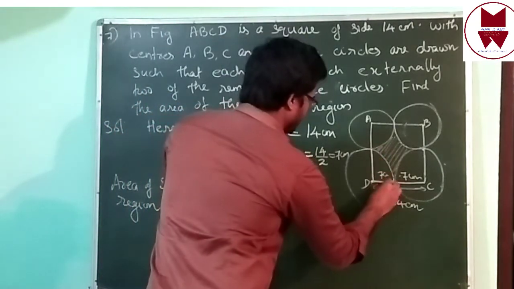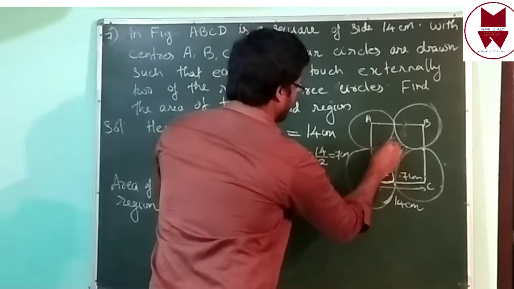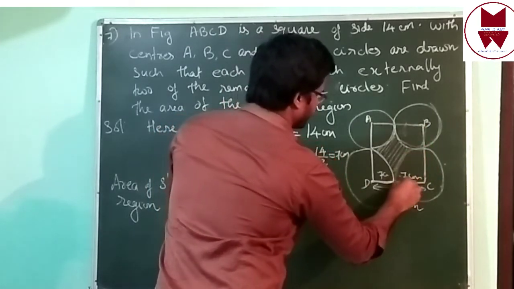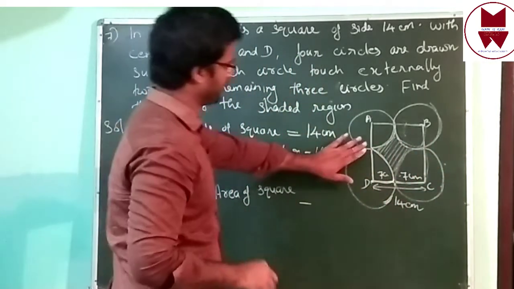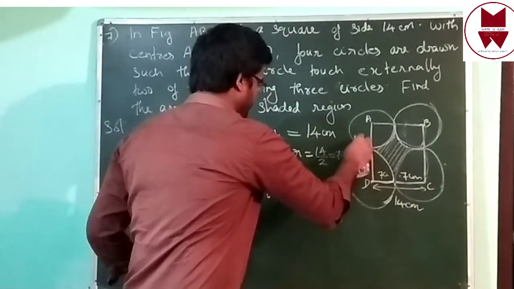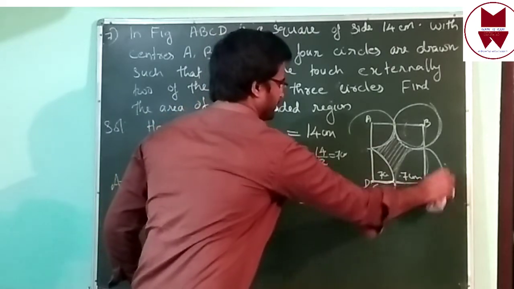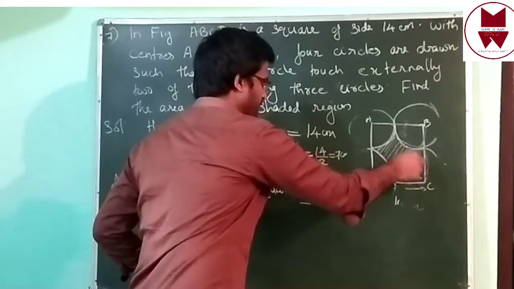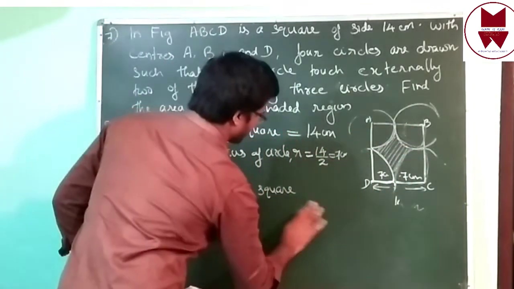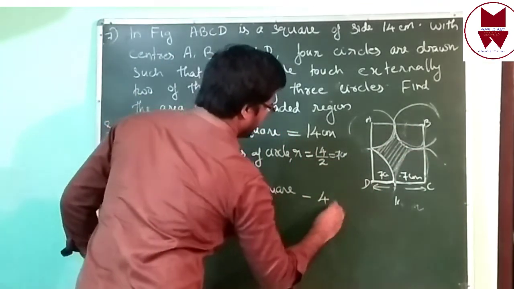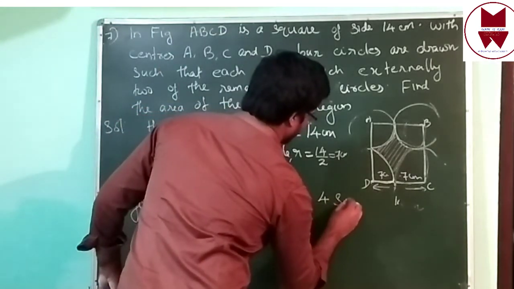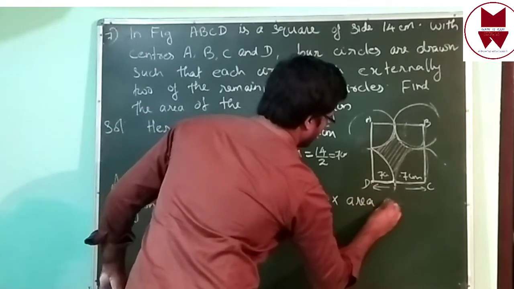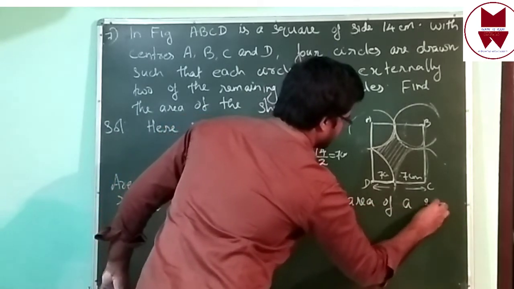If you consider this first sector 1, this second sector 2, then 3, then 4. 4 sectors are there. The remaining part of this circle, it does not matter. Only outside, so we will consider these 4 sectors. Minus 4 into area of a sector.